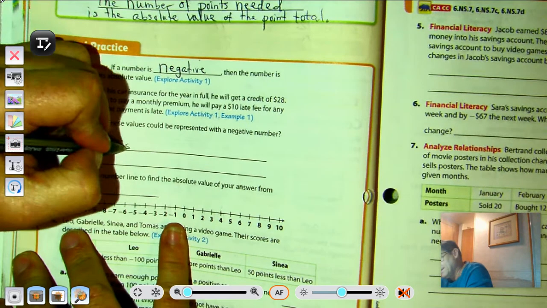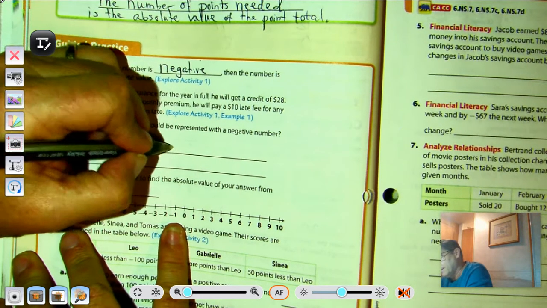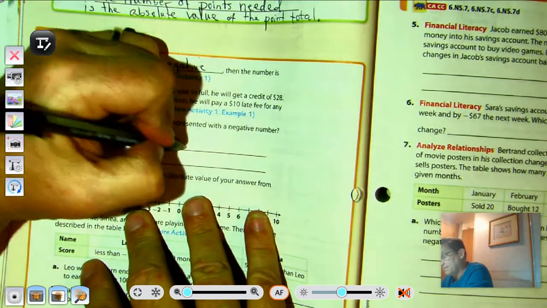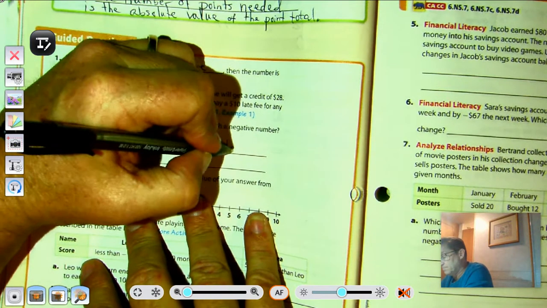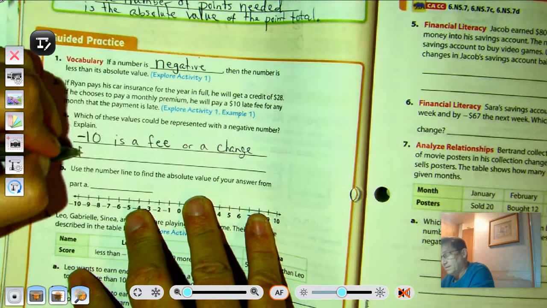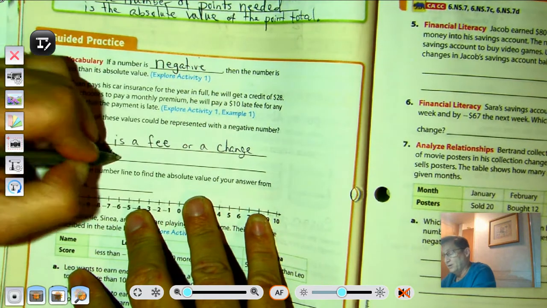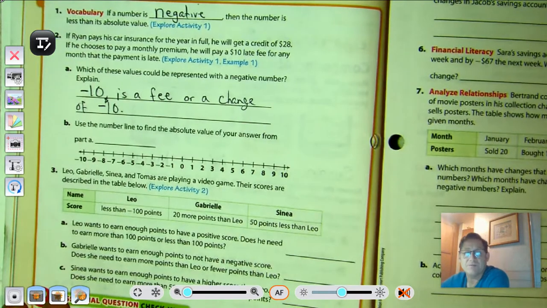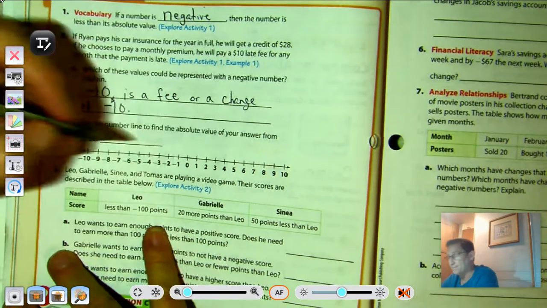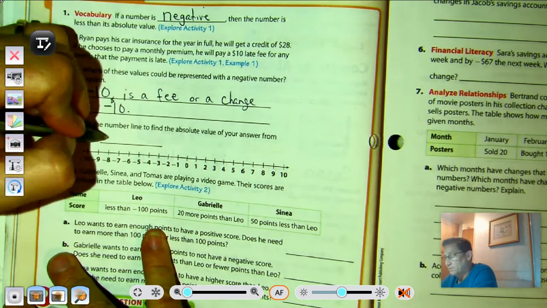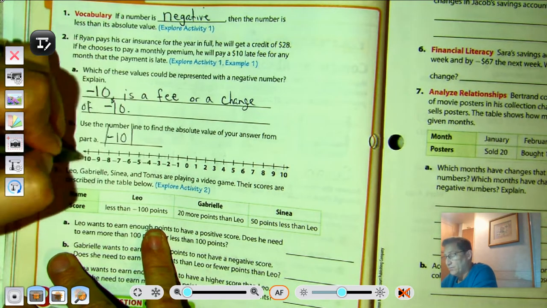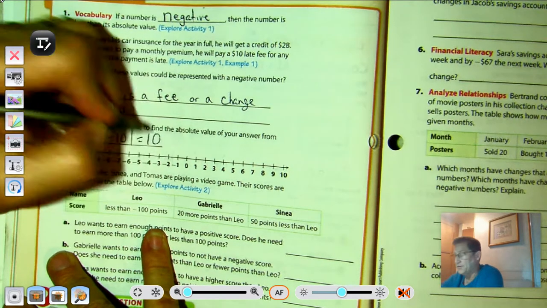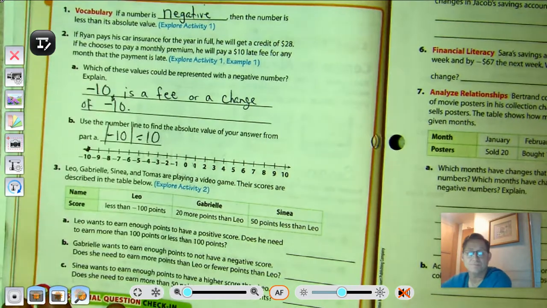Negative 10 is a fee or a change of minus $10. All right, use the number line to find the absolute value of your answer from part A. So we want the absolute value of negative 10. Negative 10 is 10 units from 0.